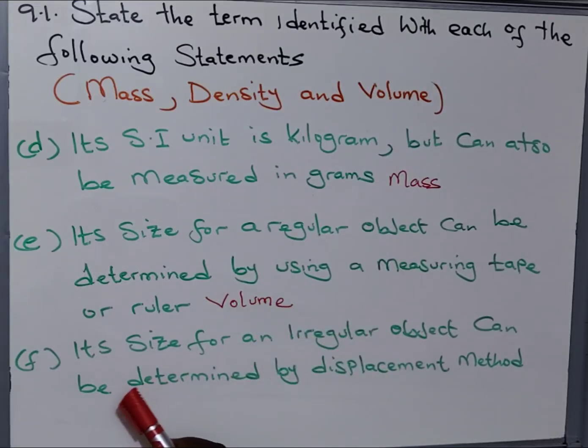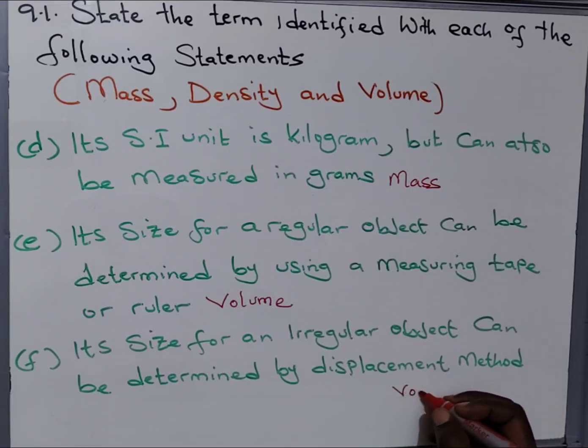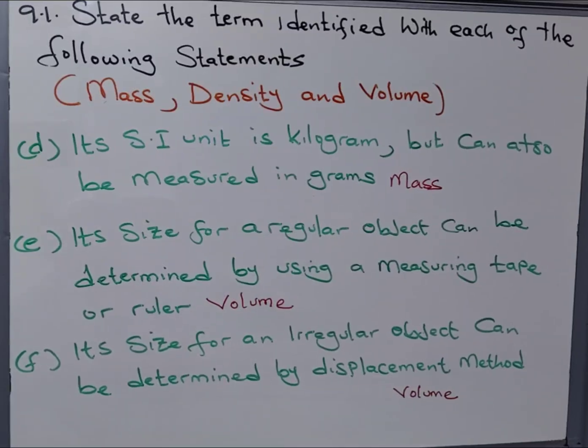This one says its size for an irregular object can be determined by displacement method. Which one of these can be determined by displacement method? The answer is volume. Volume of an irregular object.